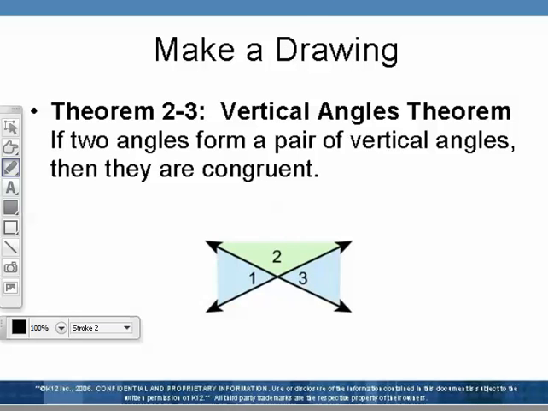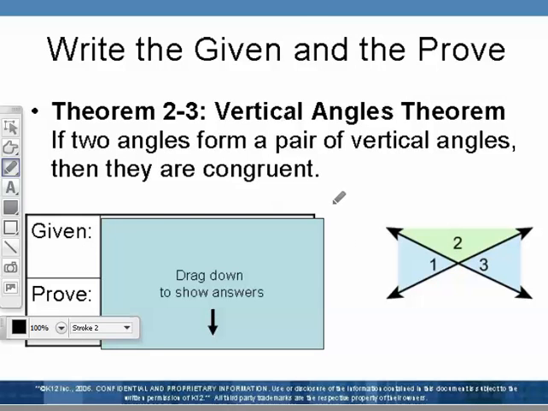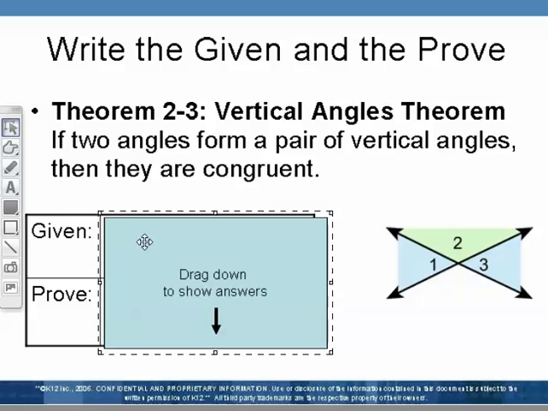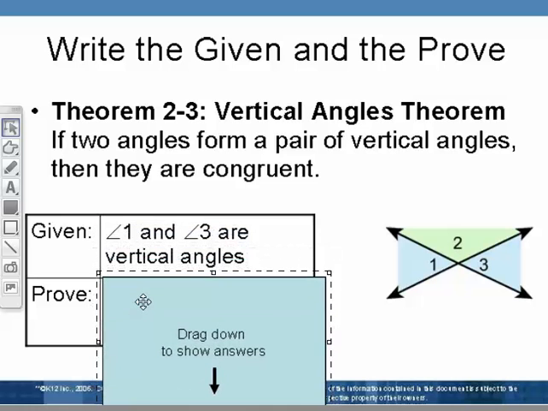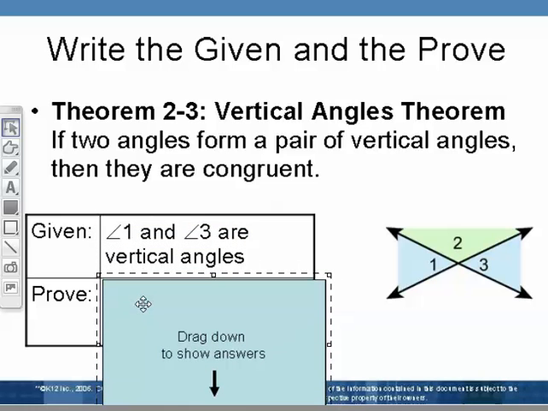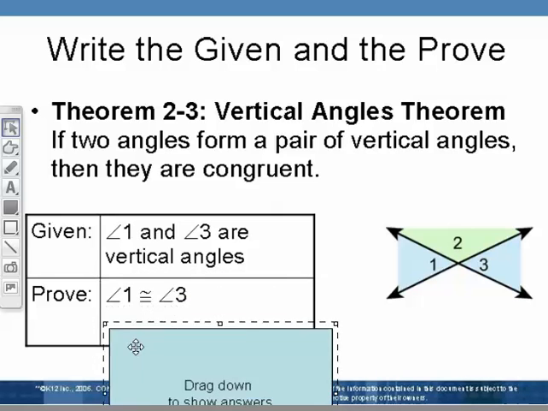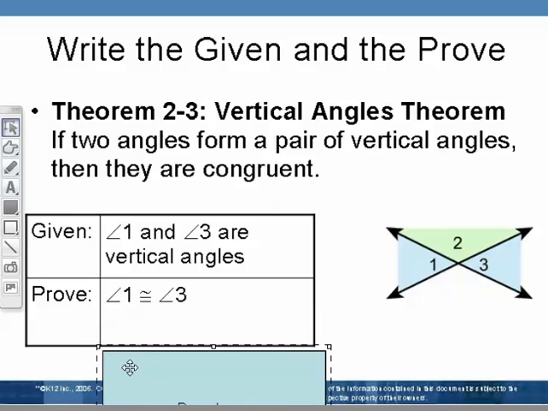So let me go about the proof here. Now that I've got a drawing, I'm going to write down my given statement. Just looking at the theorem, two angles form a pair of vertical angles. That's going to be my given statement: angles 1 and 3 are vertical angles. What am I trying to prove? I'm trying to prove that angle 1 is congruent to angle 3.